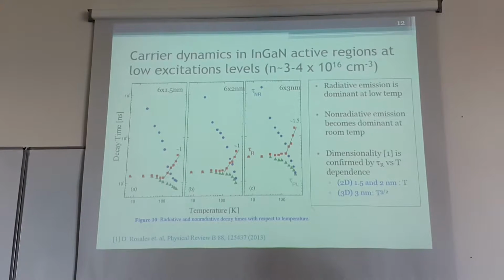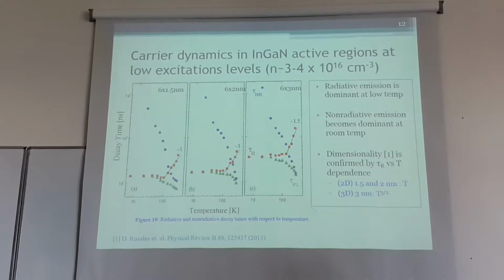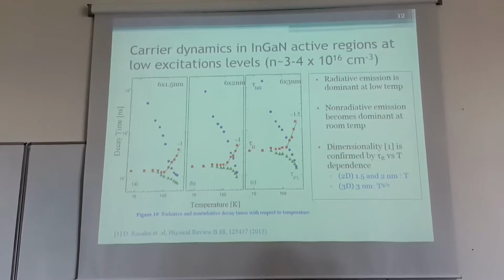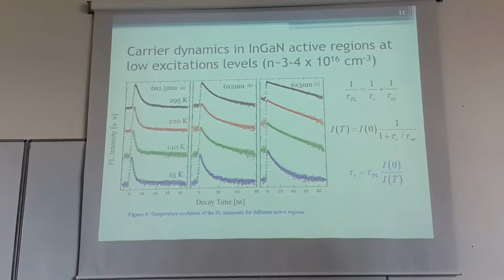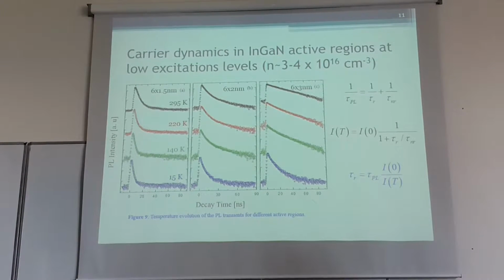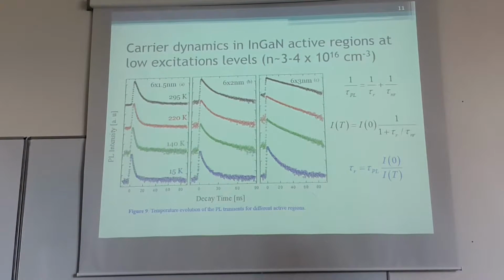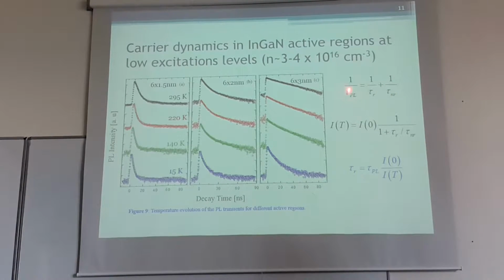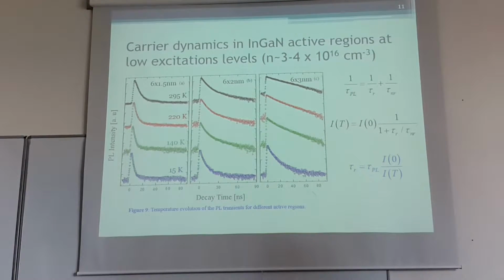How do you extract the information about non-radiative lifetime? We extract like this. You see, we obtain PL lifetimes by just fitting these curves. The information is here. The 1 over tau PL is dependent on 1 over tau radiative and 1 over tau non-radiative.